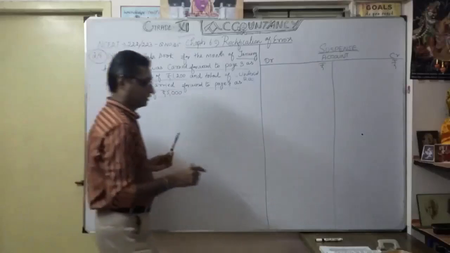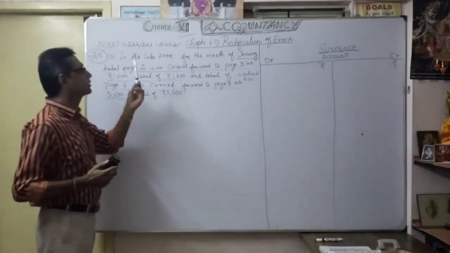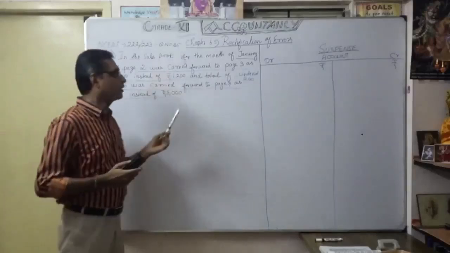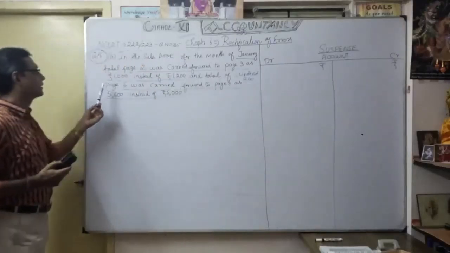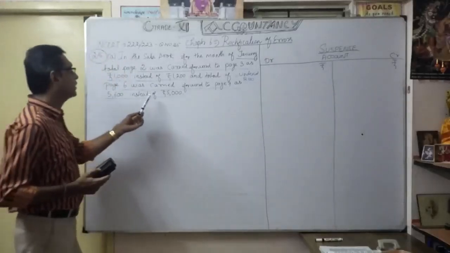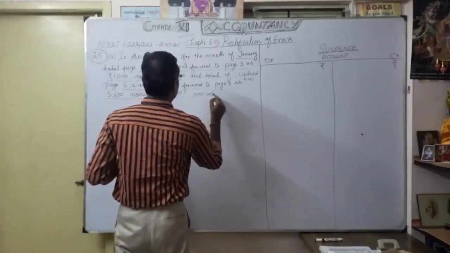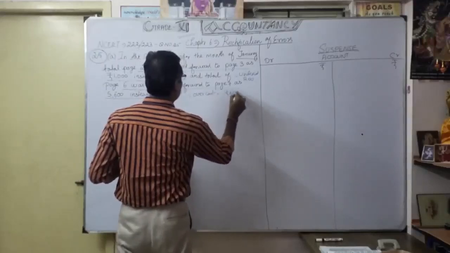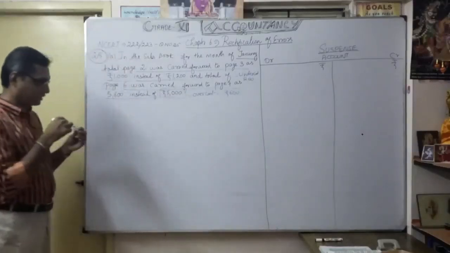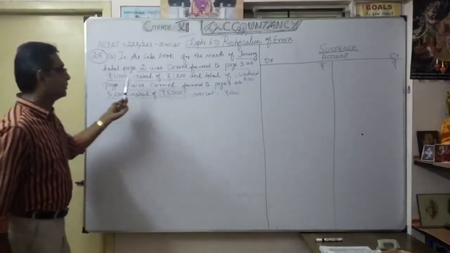So here, page number 3 total is 1000 instead of 1200, that means an undercast of 200. And page number 6 was carried forward to page number 7 as 5600 instead of 5000, that means an overcast. Do you understand now? The overcast is totally 600. You are supposed to enter 5000 but they entered 5600, so overcast. You are supposed to write 1200 but wrote only 1000.